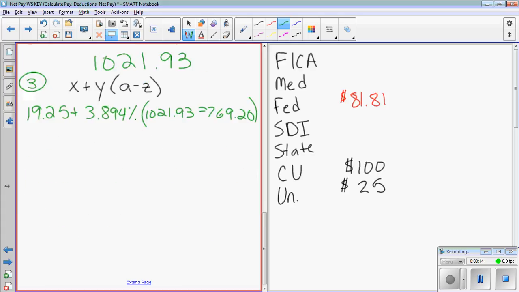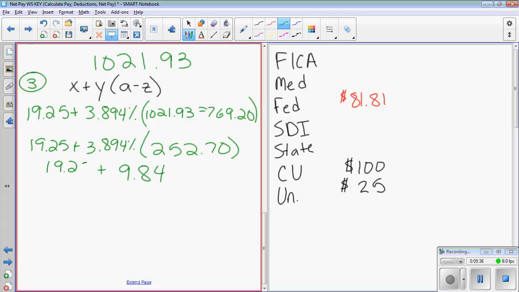Do what's in the parentheses first, thank you. And I get 252.70 times 3.894% plus 19.25. Make sure you multiply first by order of operations, and I get $9.84 plus 19.25. Add those two up, and I get $29.09. That is your state withholding.